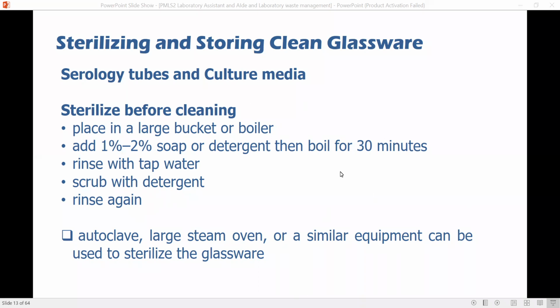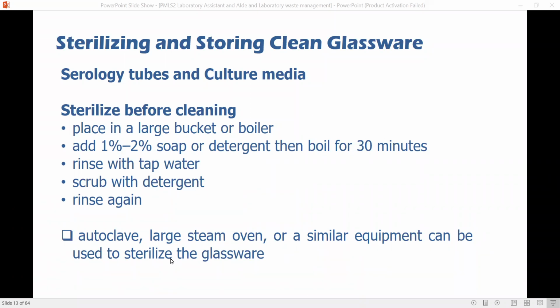So, rinse with tap water, tapos scrub with detergent, rinse with tap water. The same yung procedure niyan: tap water, then distilled water, air dry. Pare-pareho lang yan siya.